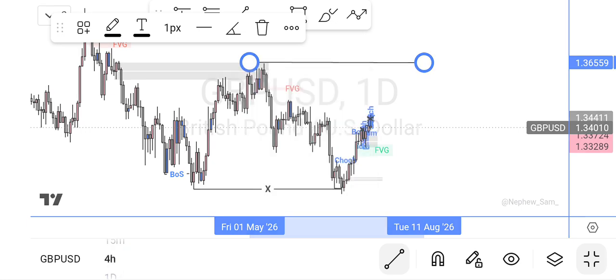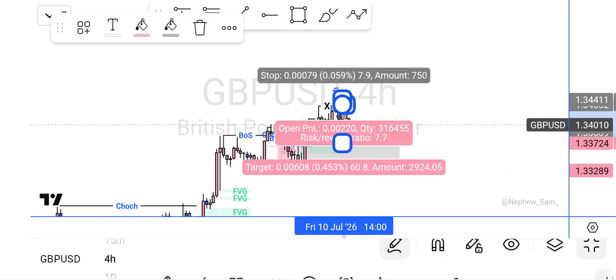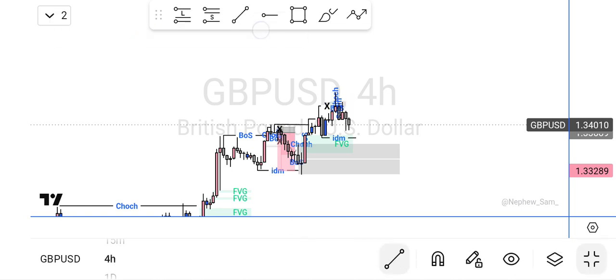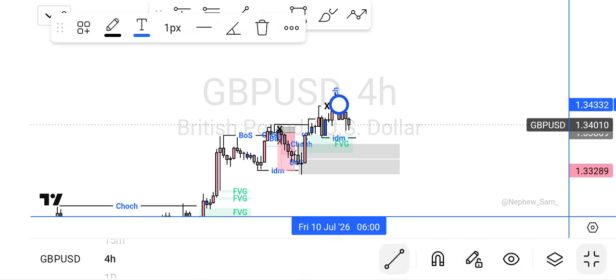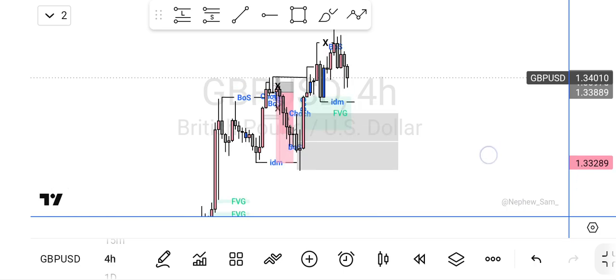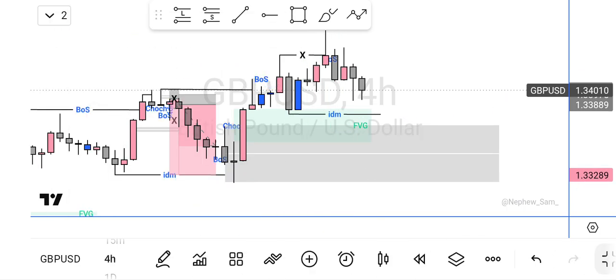On the 4 hours also, you can see that we have a break of structure here. We have a break of structure here.